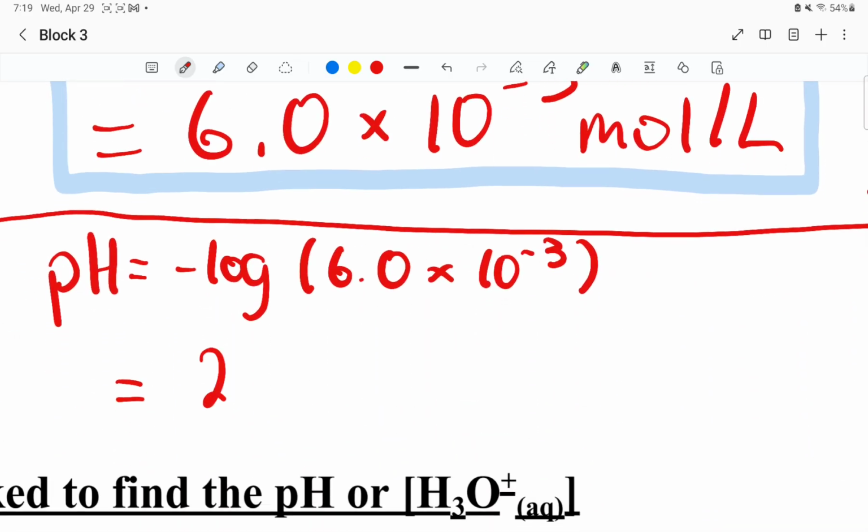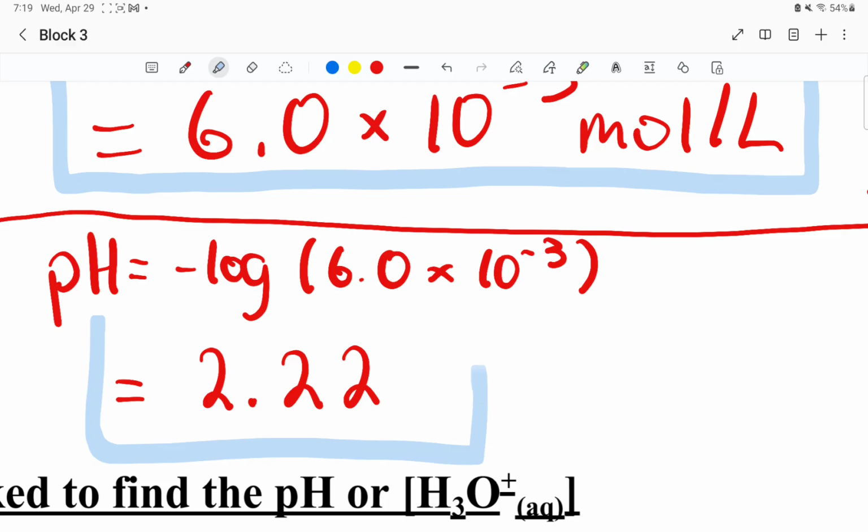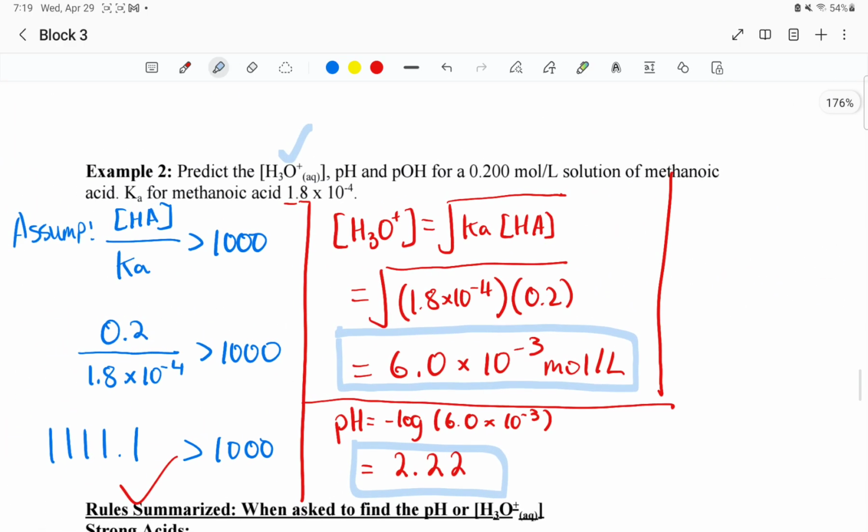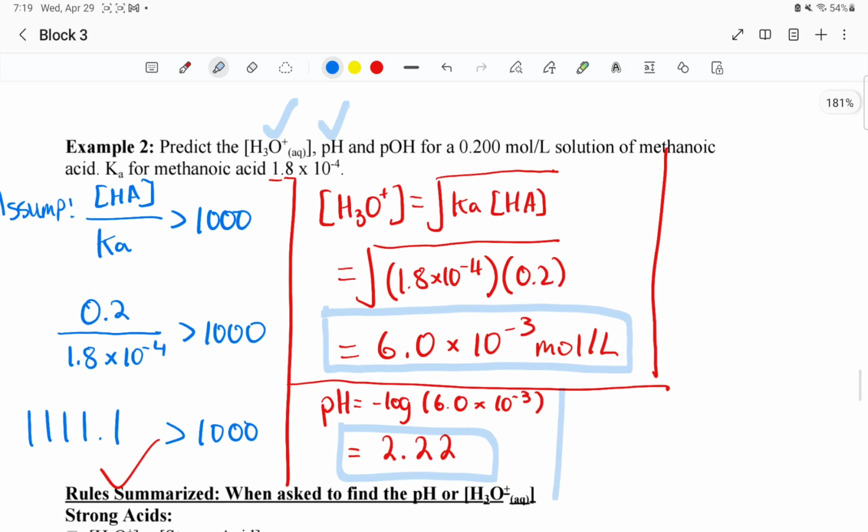That's going to be 2.22. I squared this answer. That's my pH. Then the last thing it's asking for is our pOH, and we can find that. To find the pOH, we take 14 minus the pH. So maybe we'll do it here.